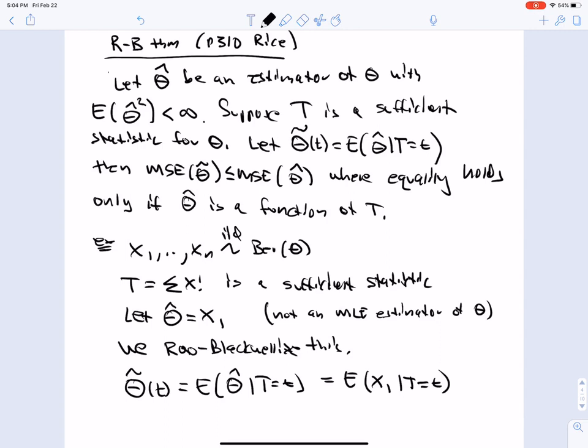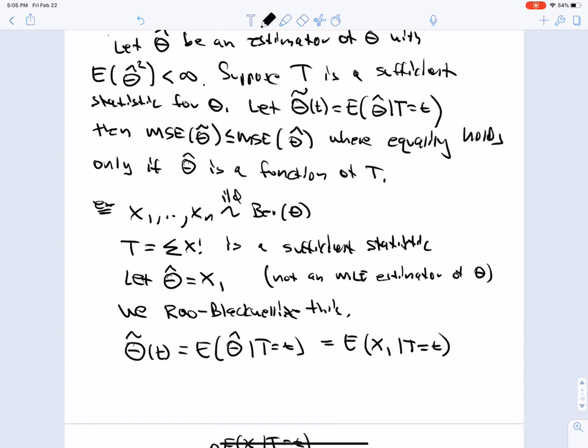Suppose t is a sufficient statistic for theta, then the conditional expectation of your estimator conditioned on t is a new estimator that will have a smaller MSE, and equality only holds when your original estimator is a function of t, as it is when theta hat is the MLE.